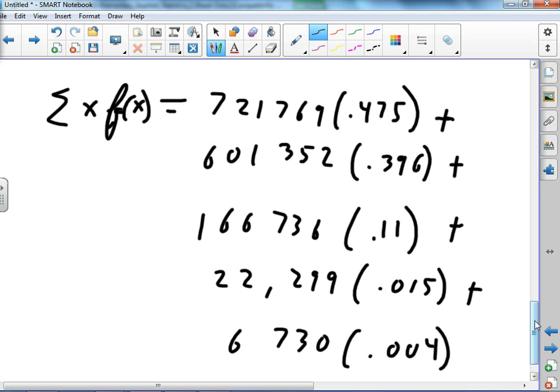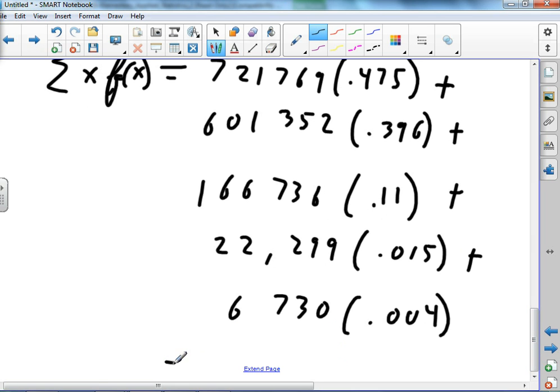Okay, so that's my expected value, mu. And now it's just a matter of executing it on my calculator without fat fingering a key.